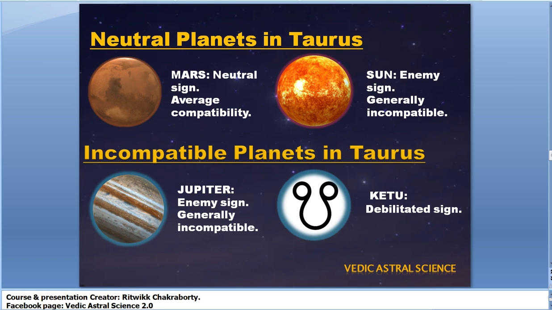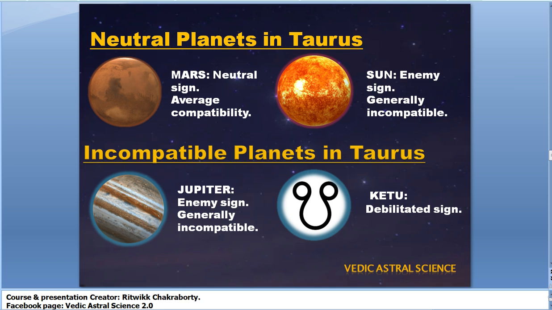Ketu is considered debilitated in sign Taurus, and from the Mool Trikon Rashi of Ketu, which is Leo, you will find the sign Taurus in the 10th house, or in a Kendra house. So that is an advantage for Ketu in Taurus. But being a fiery Graha, Ketu does not have an elemental match in the earth sign Taurus.